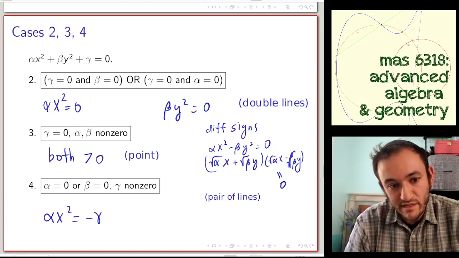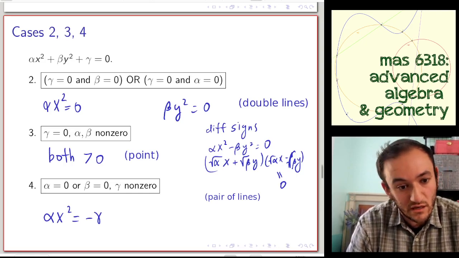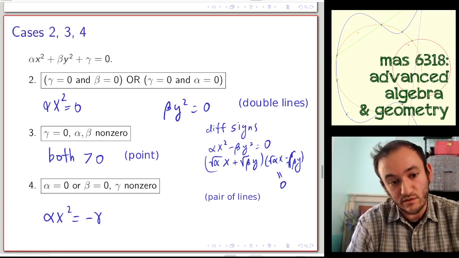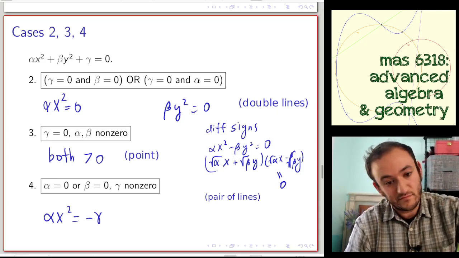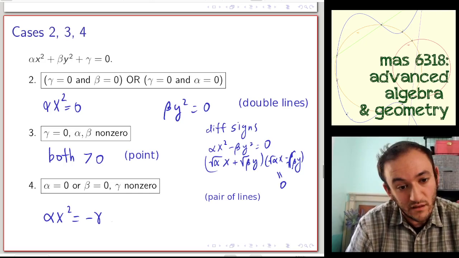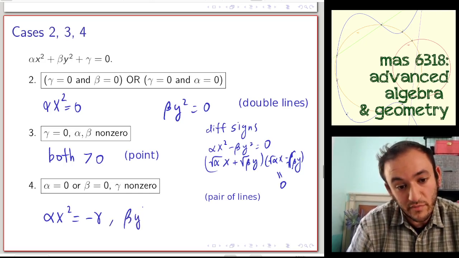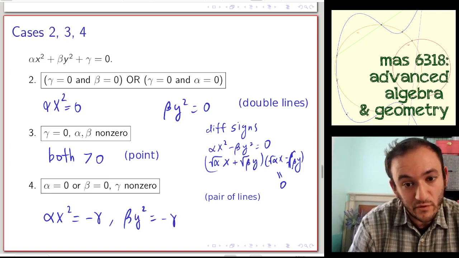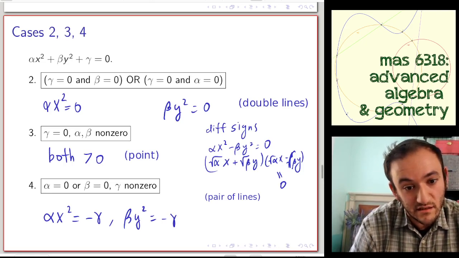Assuming gamma is negative, this is going to be two horizontal lines. X equals plus or minus square root of minus gamma over alpha. And similarly for beta y squared equals minus gamma. So this is also a pair of lines. Both of these.